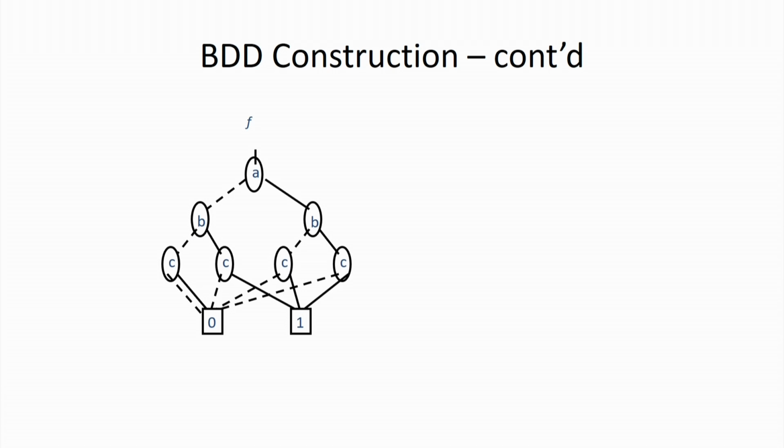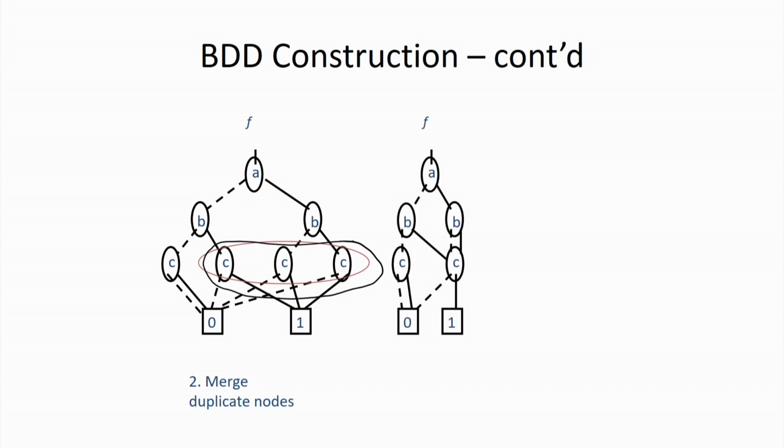Here you will see these 3 nodes have similar behavior, but the other C node has different behavior, because for both 0 and 1 it is 0, but for these 3 nodes, for 0 the evaluation is 0 and for 1 the evaluation is 1. So, this is slightly different. Now what can we do? We can merge those particular nodes, and we come to this particular point.